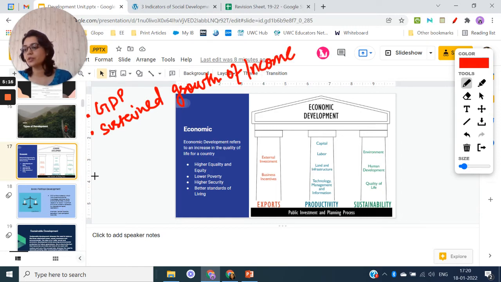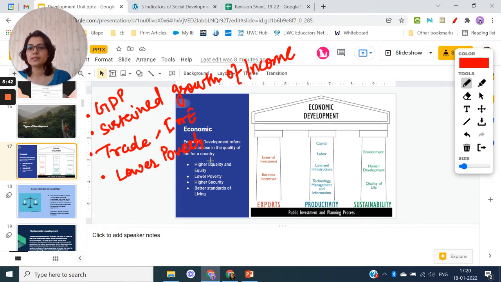You may think of trade, which could be in terms of import or export. Okay, what could be the other factor under economic development? It could be in terms of lower poverty or reducing poverty.